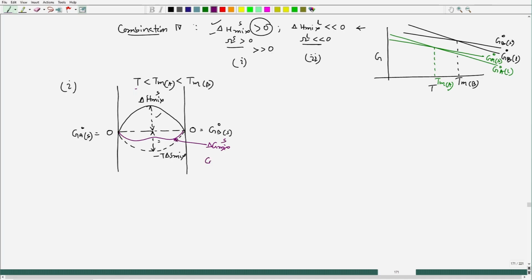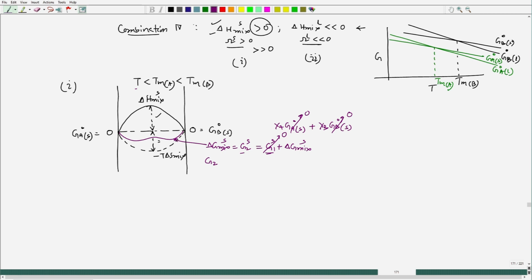Now, in fact, we can also write this as G2 solid, since it can be written as G1 plus delta G mix solid, and G1 solid is nothing but 0. Why? X A G A naught solid plus X B G B naught solid. So, these two values are 0. So, this turns out to be 0.